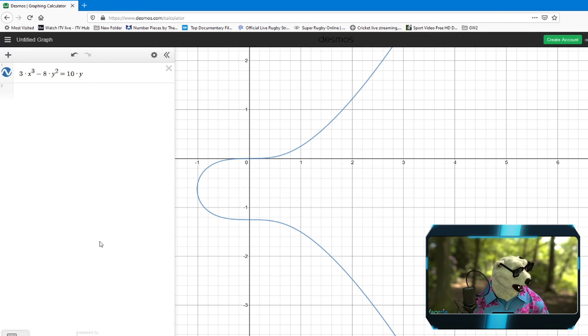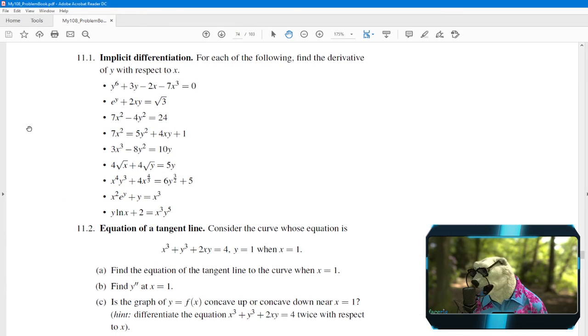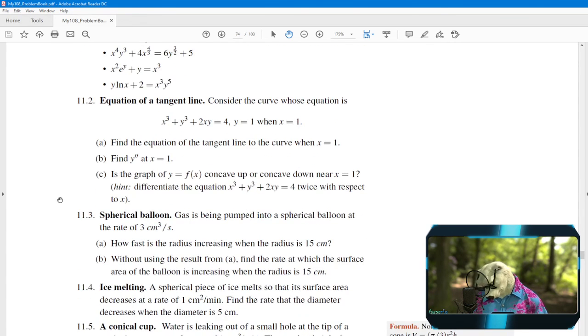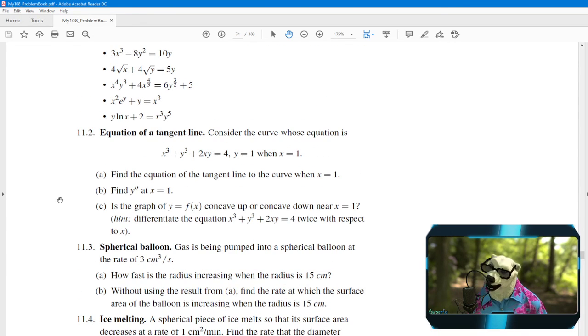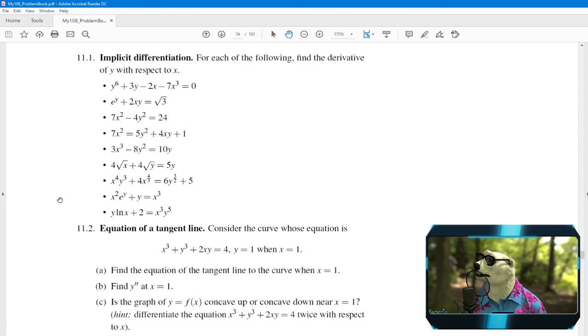Are there any questions at this time? Have a look at the rest of the problem book. We will continue this. So you can do 11.1. 11.2, you can ignore 11.2. I think it's fancier than a midterm question would be.